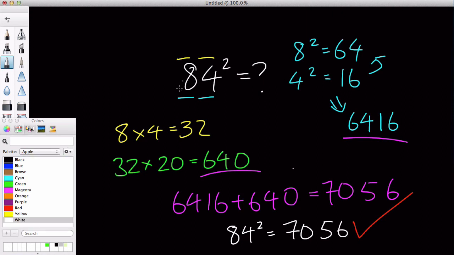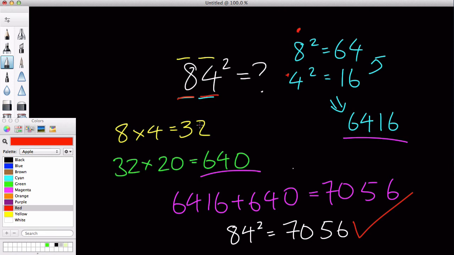If I quickly go through this using red, all you have to do is first look at the 8 and 4 and square each of them. So 8 squared equals 64, 4 squared equals 16, because the 8 is in the tens digit and the 4 is in the ones digit. We put the 16 after 64 to get 6,416. The next thing is looking at these two again and multiplying them together.